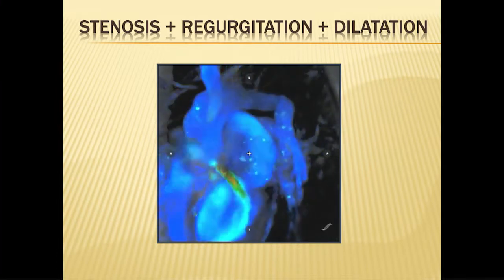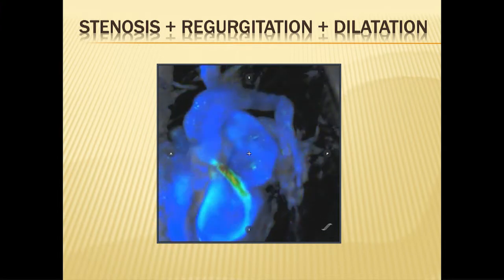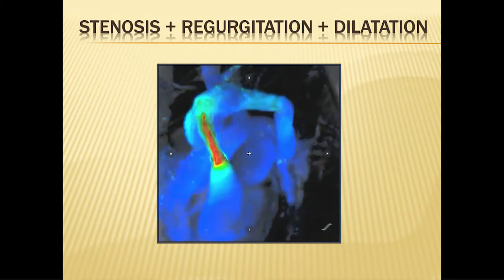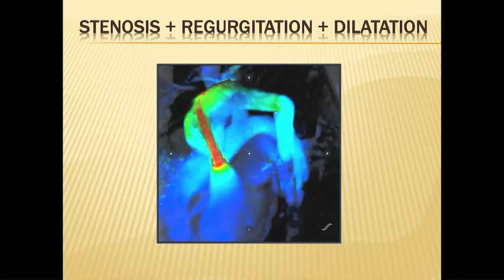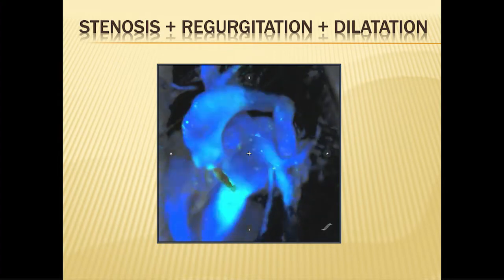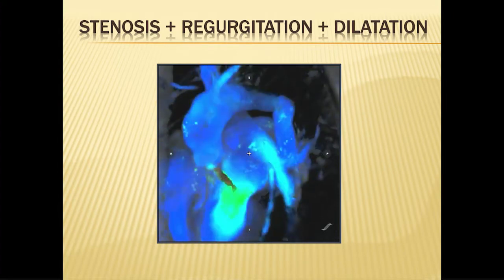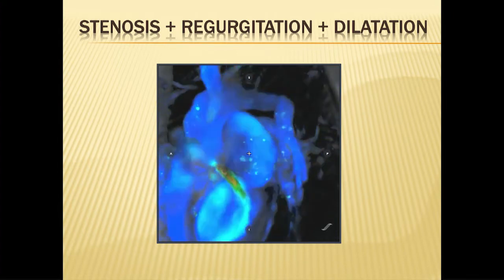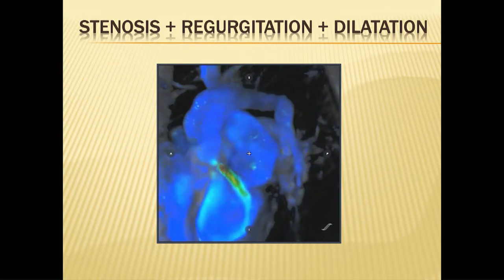For this case, it was a dysfunction of an aortic prosthesis. You see nicely there is a stenosis with a high-speed flow, obvious regurgitation, and at the same time you see the dilatation and the wall shear stress on the aortic arch.